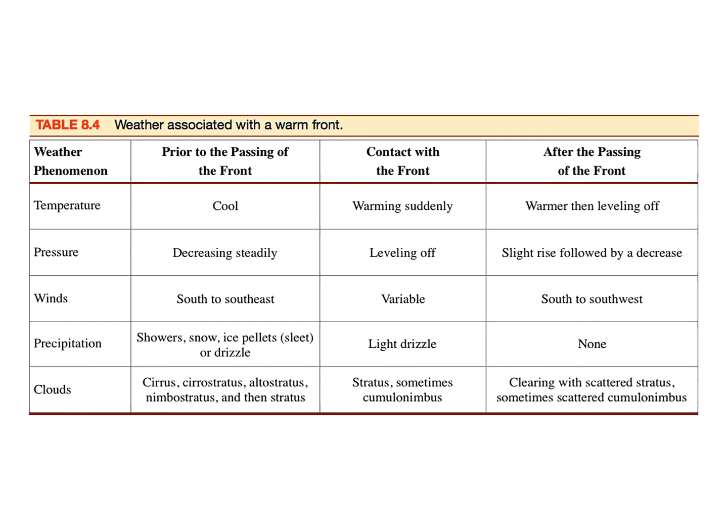After the passage of the front, you're moving into warmer air, so temperature warms up, levels off. A slight rise in pressure, then followed by a decrease. Winds would change from the south to southwest. Precipitation, there would be none. Skies are clearing, so clearing skies with scattered stratus, sometimes scattered cumulonimbus.